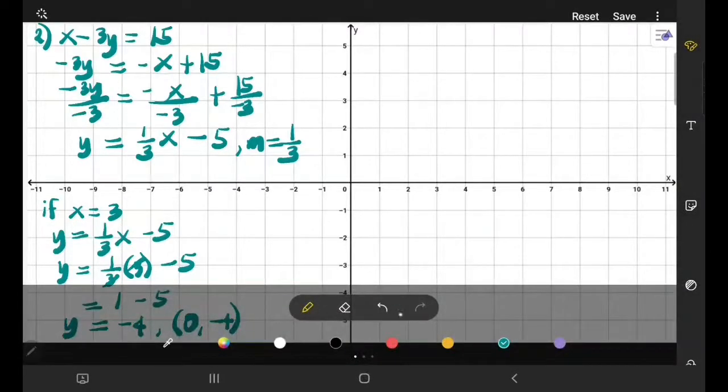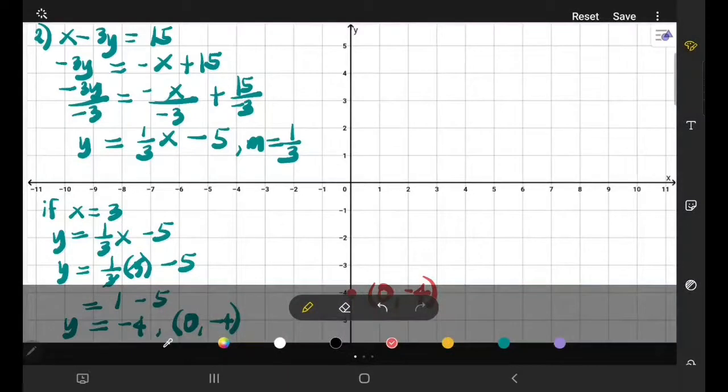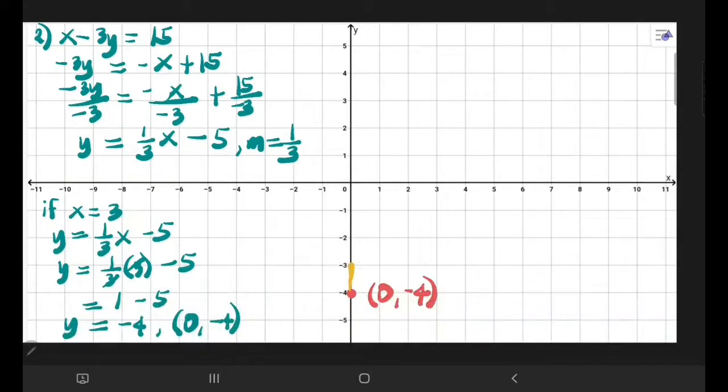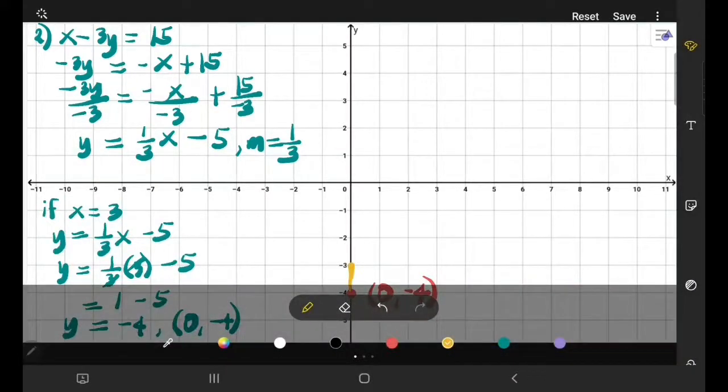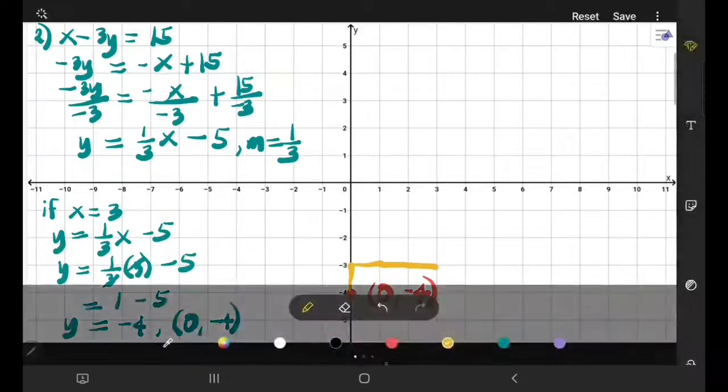So let's start at 3, negative 4. And then you execute the slope, which is 1/3. So meaning 1 unit upward, and then 3 the run, meaning 3 units to the right. So 1, 2, 3.